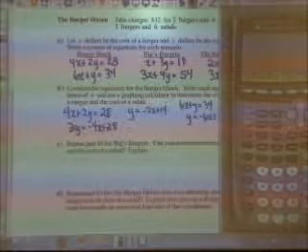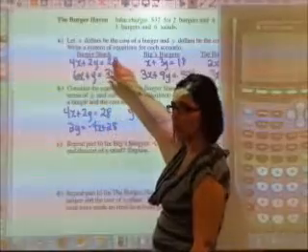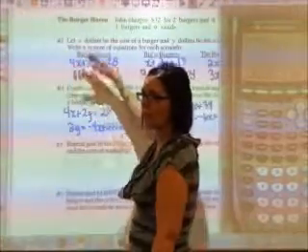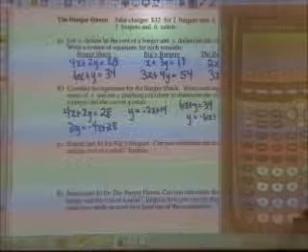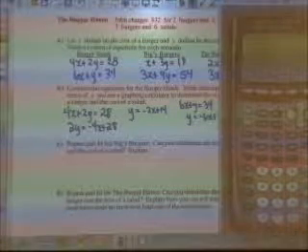Even if I wanted to highball it, you go up to 10. It's not going to be more than 10 because 4 burgers at $10 should have cost me 40 bucks. So I definitely know that it has to be less than that. And the same thing for my salads. -1 to 10. So now I've got window settings that I can work with.